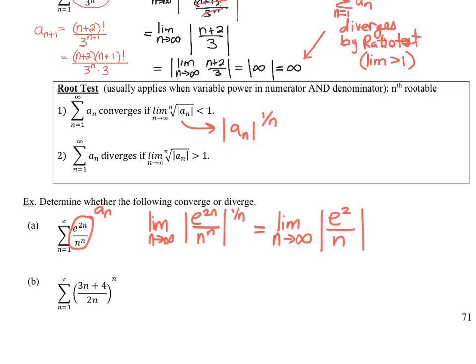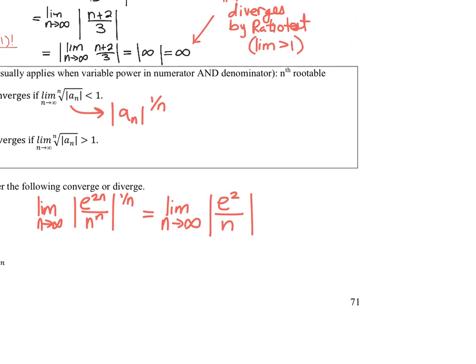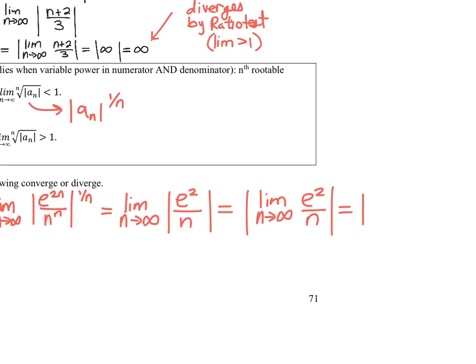This is the same as saying the absolute value of the limit as n approaches infinity of e squared over n, which is the absolute value of what? 0. Yeah, e squared is a constant. So constant over infinity is going to go to 0. So this is going to end up amounting to equal 0.